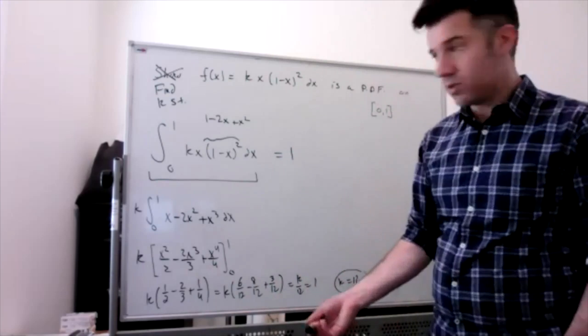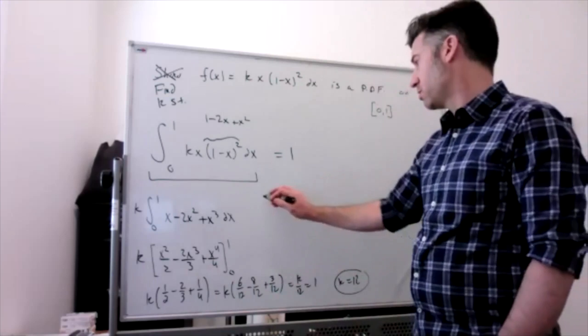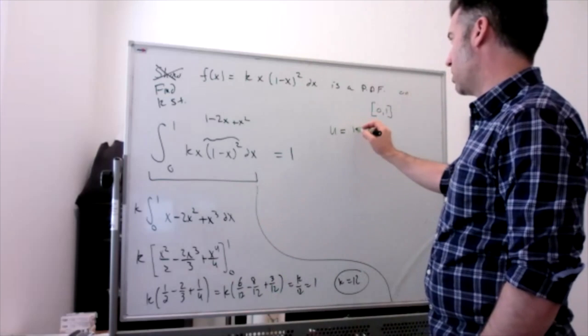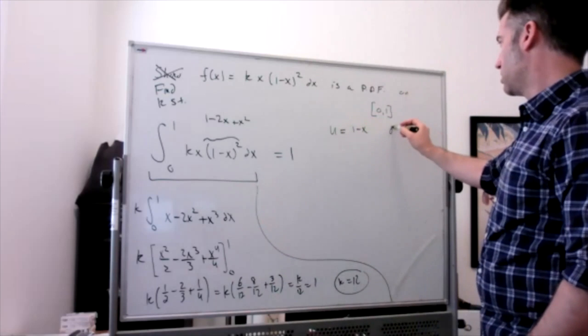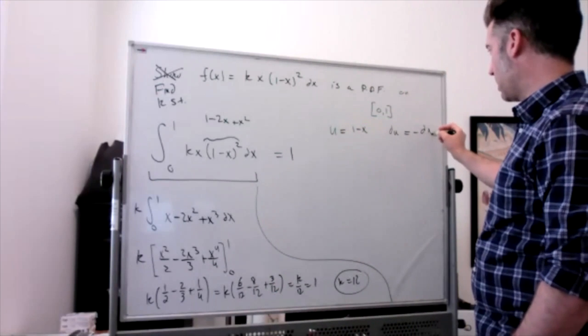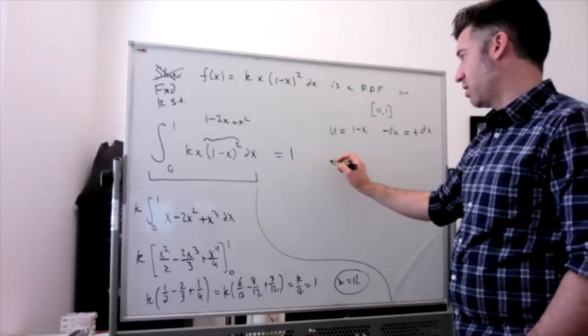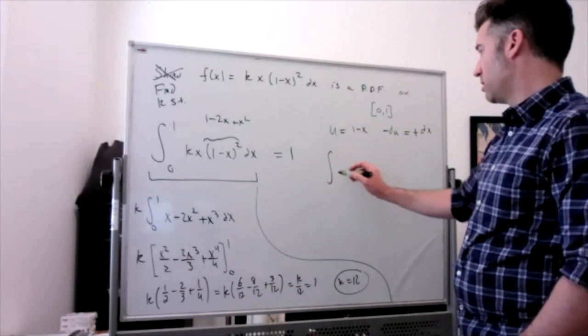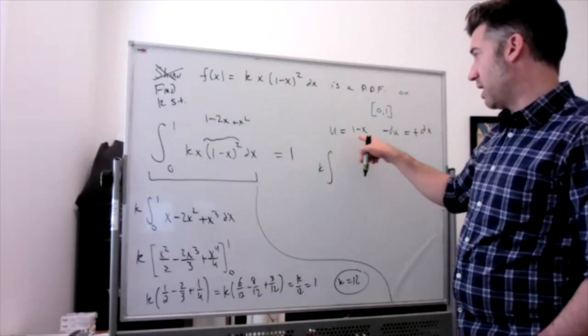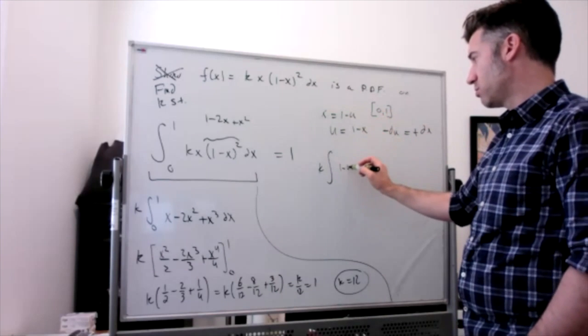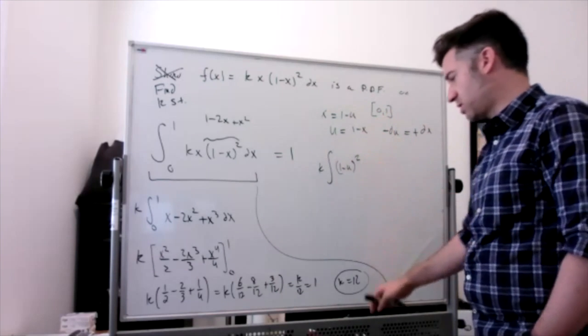Or you could have done the u sub, which I think is worth seeing. So you could have said u is 1 minus x, du is negative dx, and negative du is positive dx. Then this integral becomes the integral of k times x, which is equal to 1 minus u, not squared.